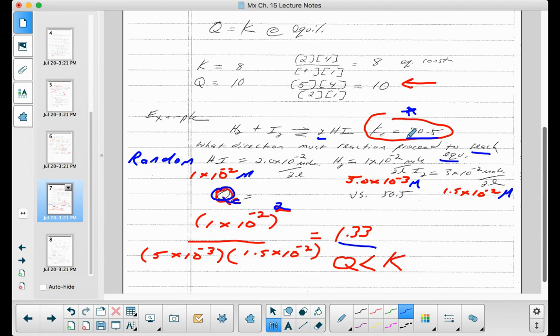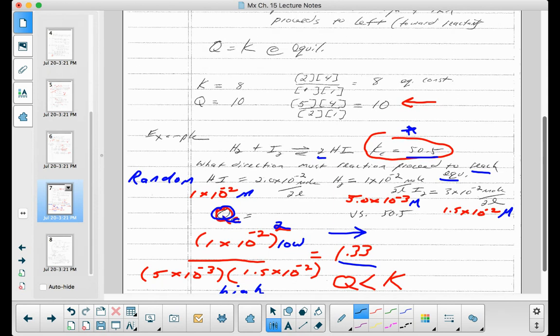So what that means is that the reactants are too high and the products are too low. So if the reactants are too high, then the reaction will shift to the product side in order to achieve equilibrium.